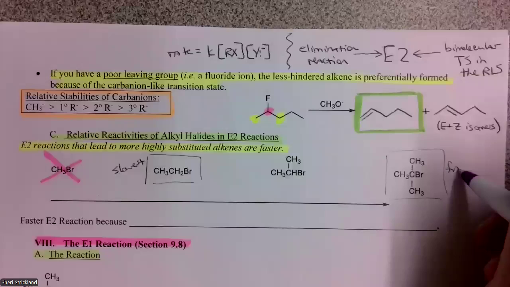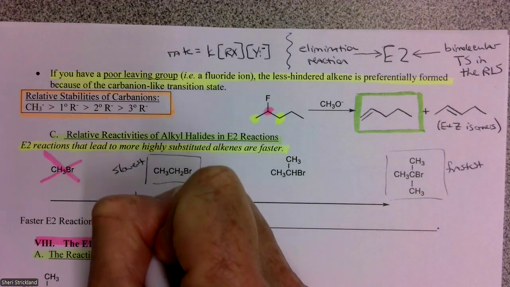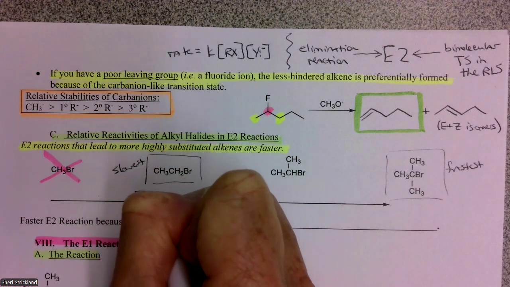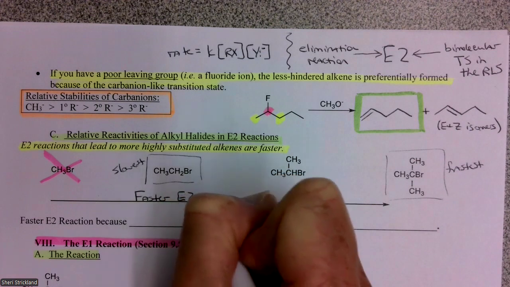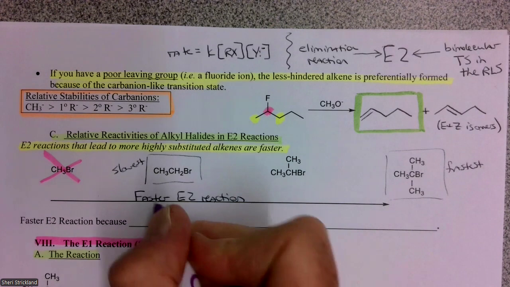Now, this is an E2 reaction, but the reason that you get a faster E2 reaction going this way is because you form, in general, a more stable alkene.